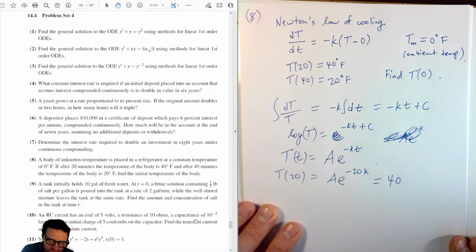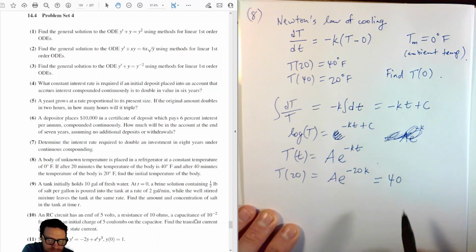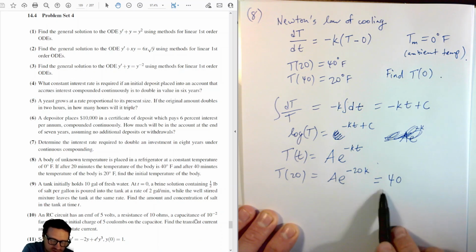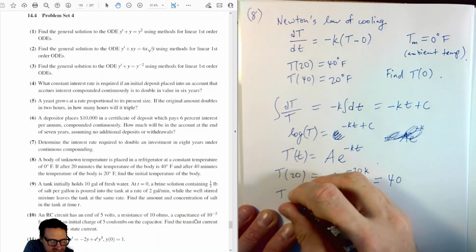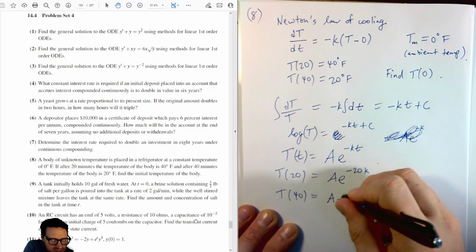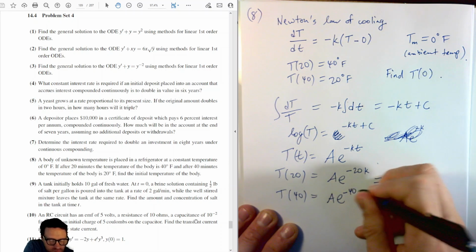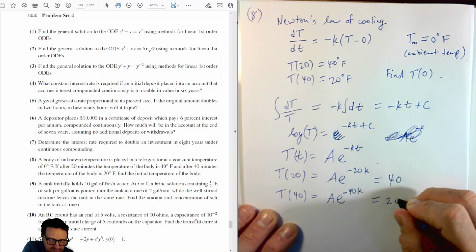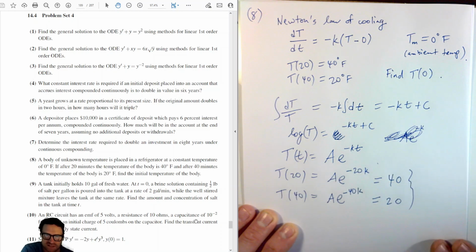Okay, and so that gives us this equation. We can solve that, but the second condition we have is T of 40, which is A e to the minus 40k, is equal to 20. So we have both of these equations.